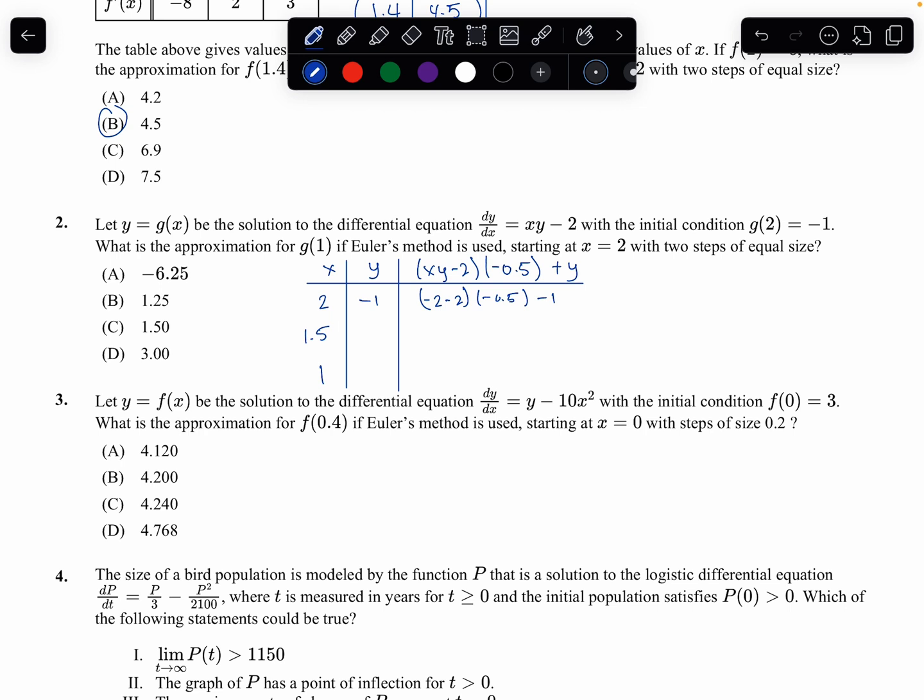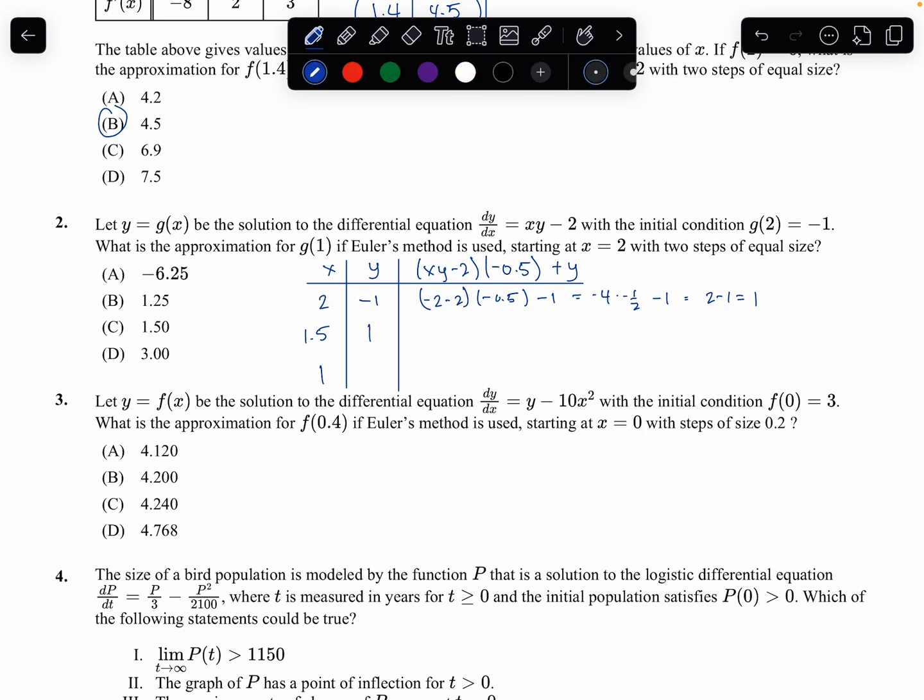So is that going to be equal to negative 4 times negative 1/2 minus 1, which will be equal to 2 minus 1, which will be equal to 1, right? So that's equal to 1.